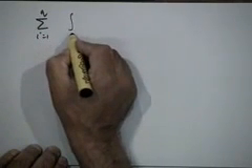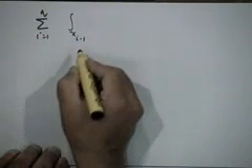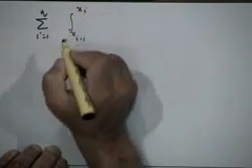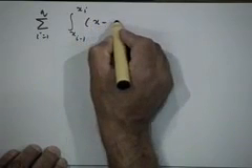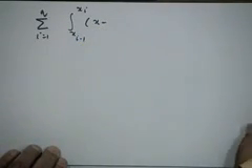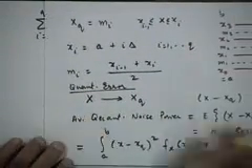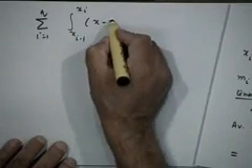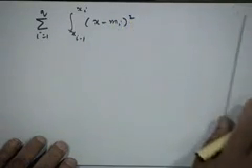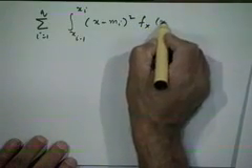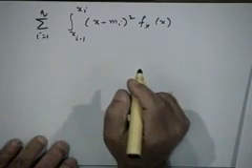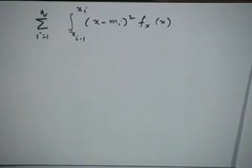So, you can also represent it as sigma i going from 1 to q, integral, where the ith integral is from xi minus 1 to xi, and when you are considering x to lie in this region, what is the corresponding value of x sub q? M sub i, isn't it? Whole square f x dx. Okay. Any questions on this?